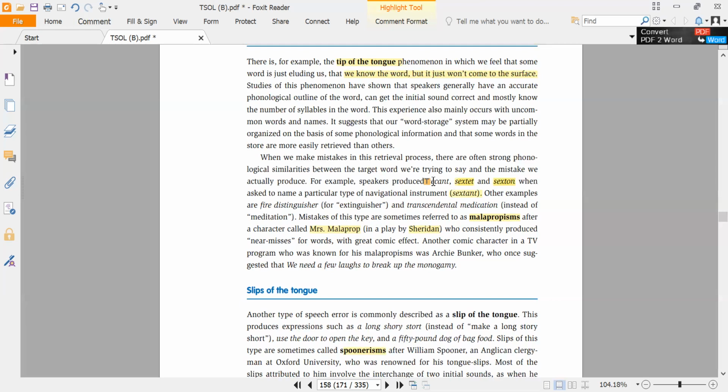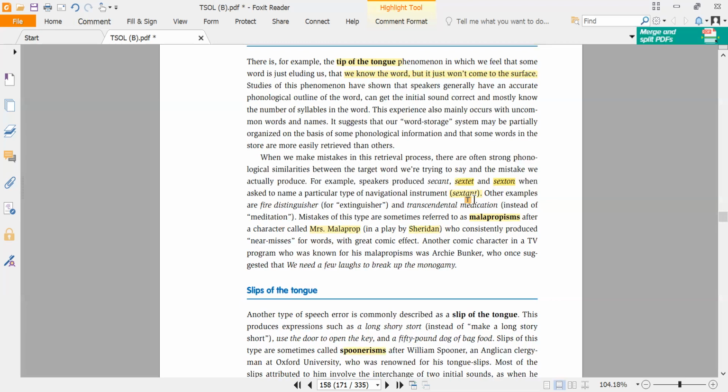That may be a complete word, or that may not be a complete word. That may be a senseless word, having no meaning at all. But in pronunciation, it is very close to the word which you actually want to utter. So this is what we call malapropism, right?